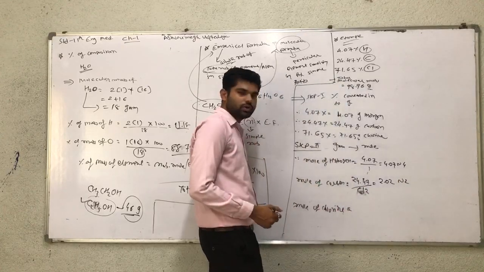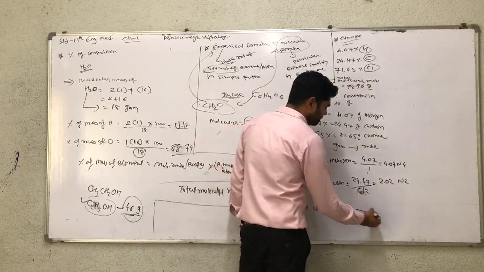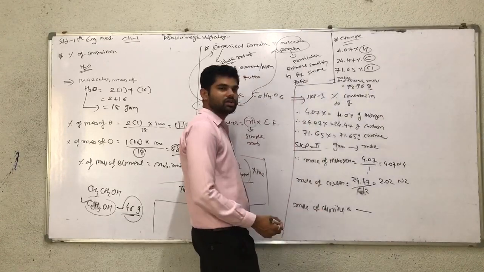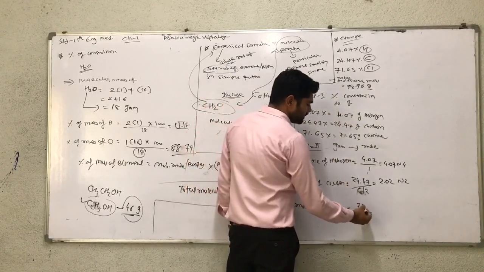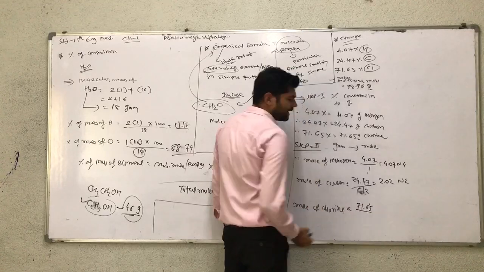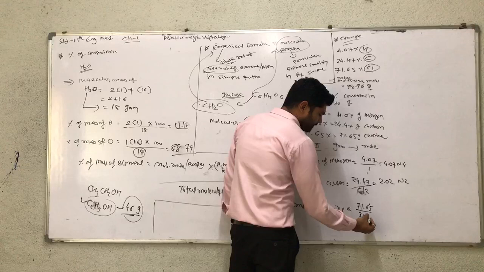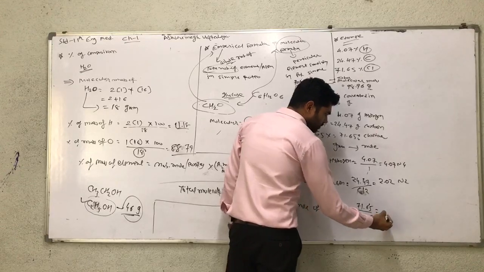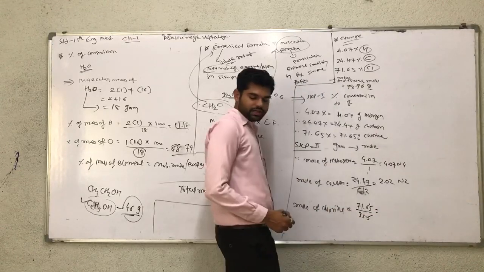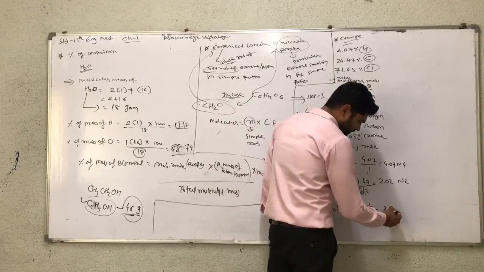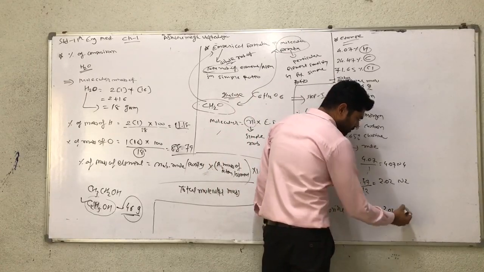Now mole of chlorine: given mass divided by atomic mass. Given mass is 71.65, and for chlorine we know it is 35.5. So the value is similar to 2.02, nearly 2.